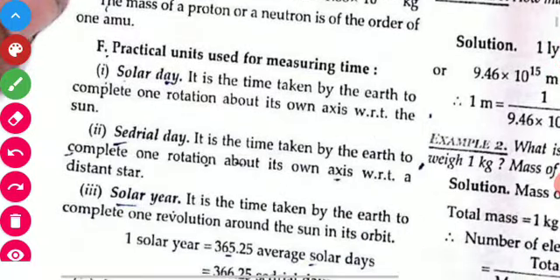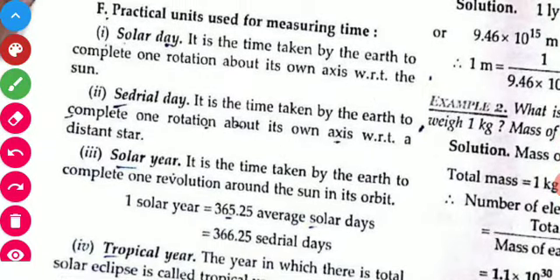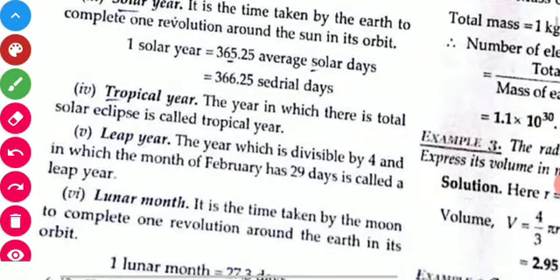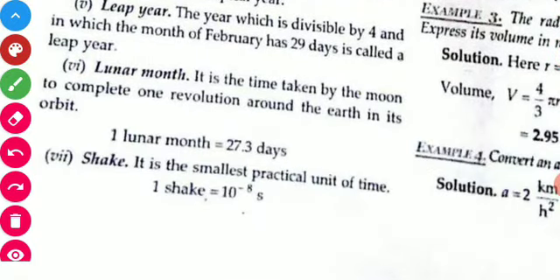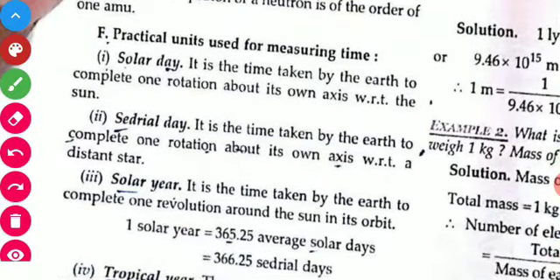After that, we have practical units for time. So basically we have approximately 8 practical units for time. One is the solar day.